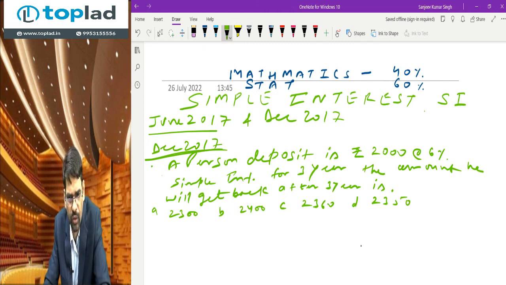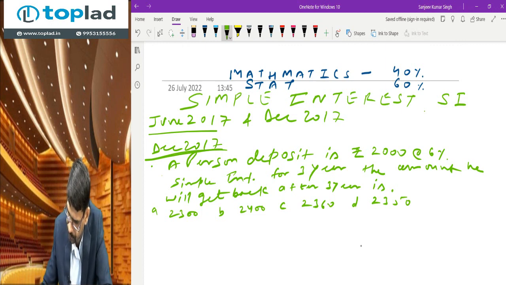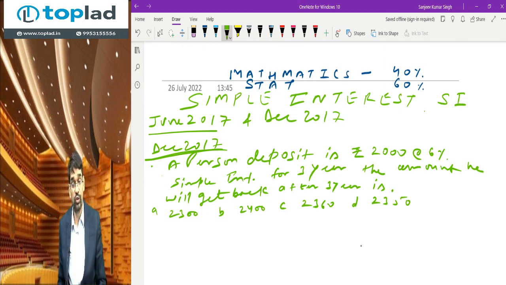A person deposits 2000 rupees at the rate of 6% simple interest for 3 years. The amount he will get back after 3 years is, this is the examination question, friends.